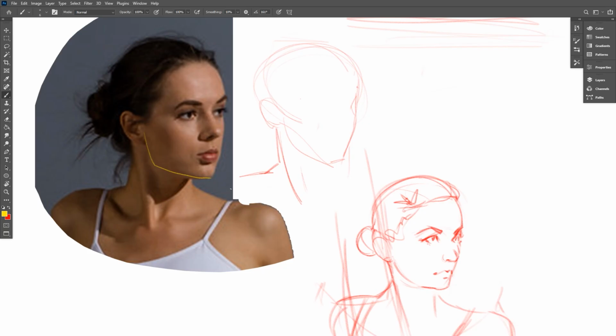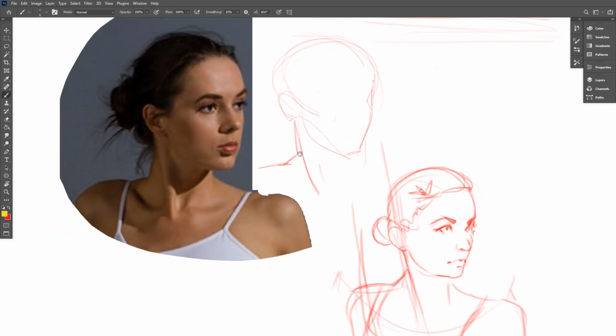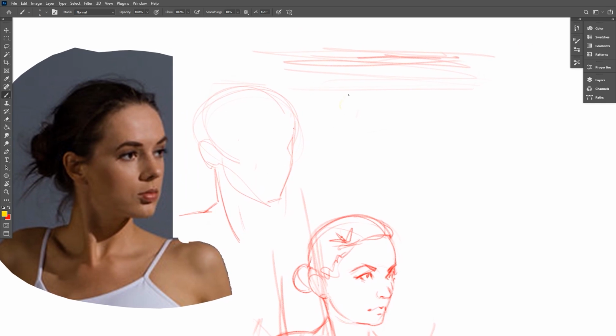And this is another mistake. You see how the chin actually doesn't... okay, there is a slight shadow here that you can see, right? This shadow is because of the chin structure. It is like this, and it goes to the neck.